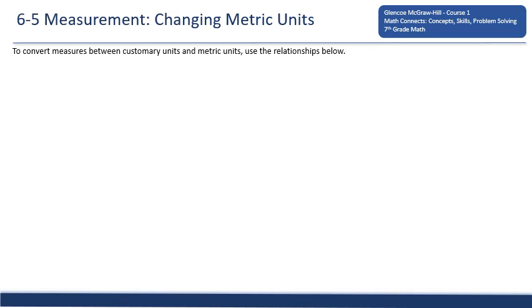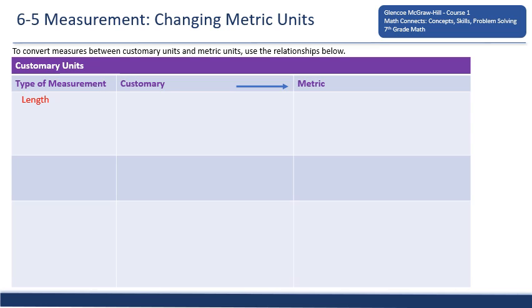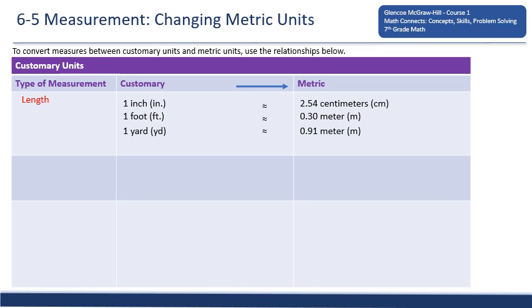To convert measures between customary units and metric units, use the relationship below. So length, customary, we have 1 inch, and that's approximately 2.54 centimeters. 1 foot is approximately 0.3 or 3/10 of a meter. 1 yard is approximately 91 hundredths of a meter.